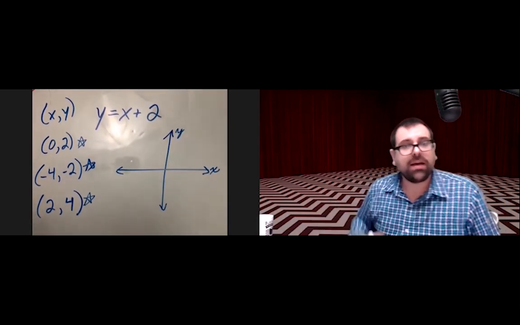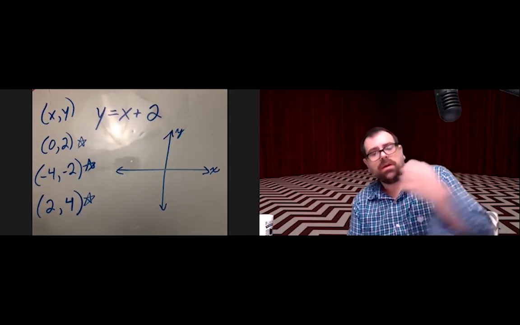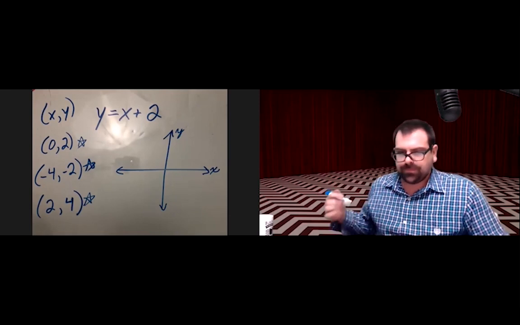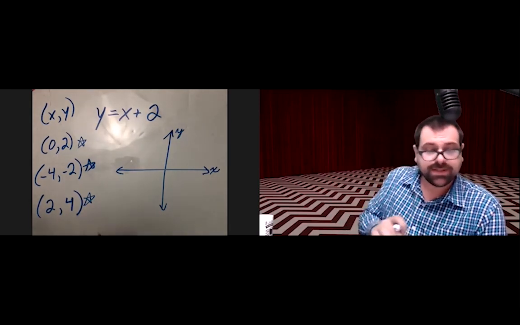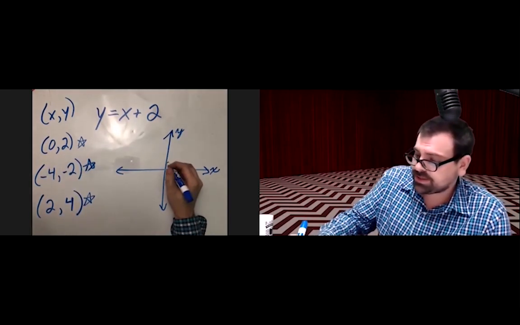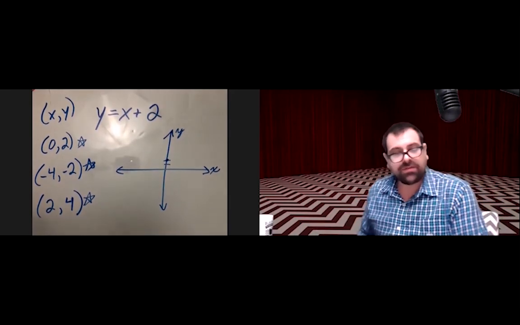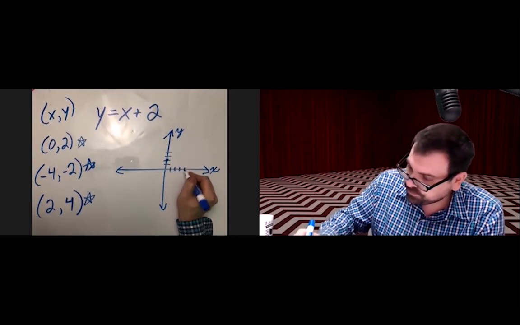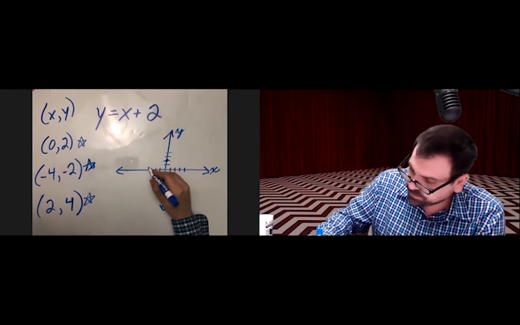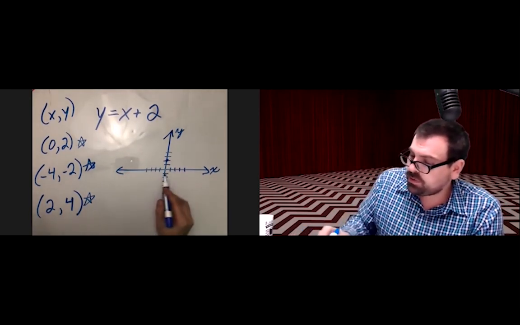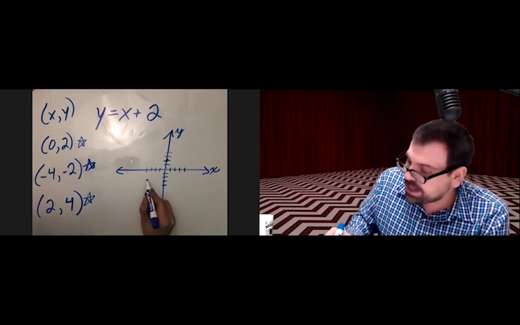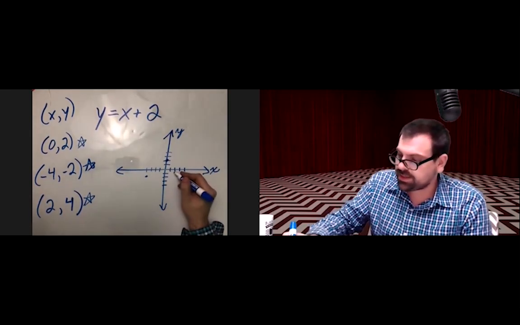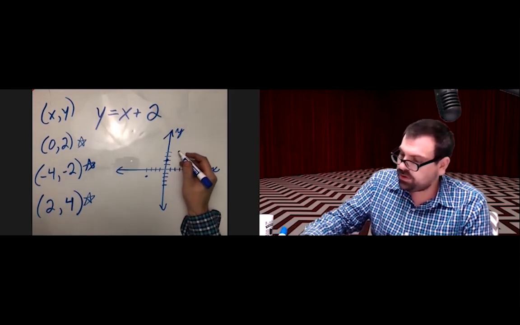X, Y. These ones that were solutions, let me go ahead and plot these points. 0, 2 would be an x of 0 and a y of 2. -4, -2 would be an x of -4, so left 4, down 2. 2, 4, it's an x of 2, 2 to the right, a y of 4, 4 up.